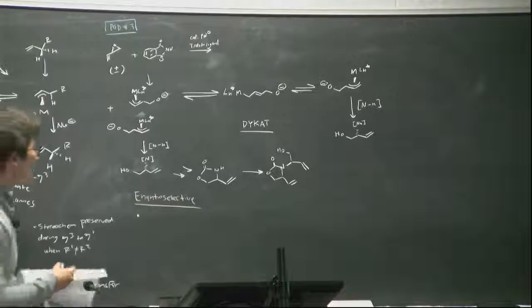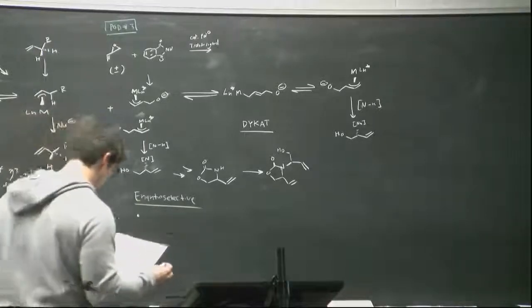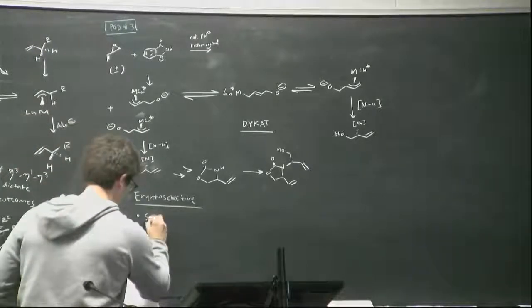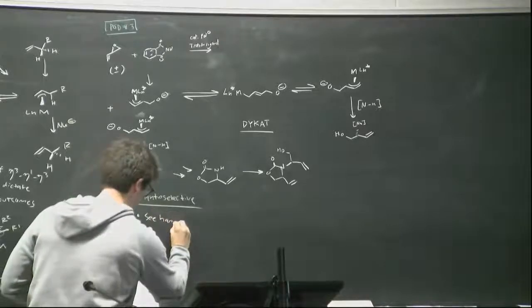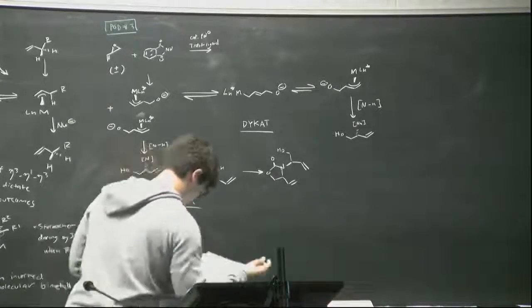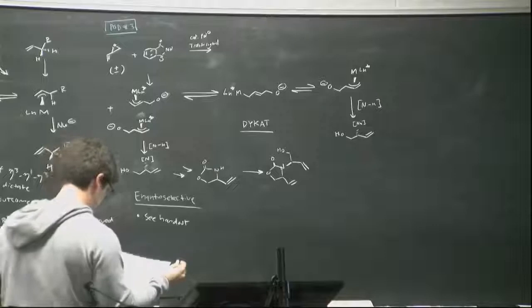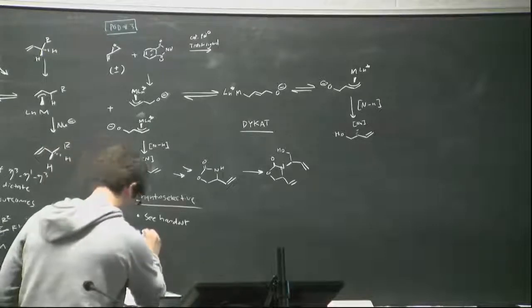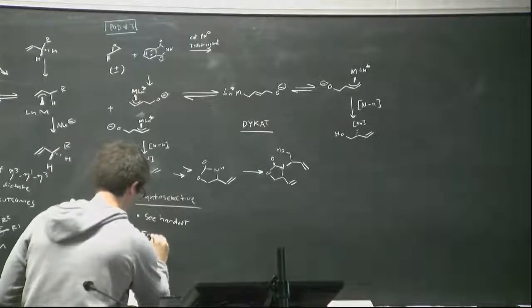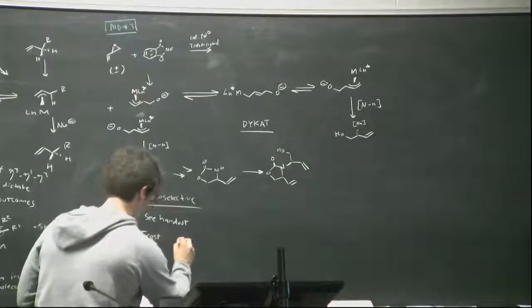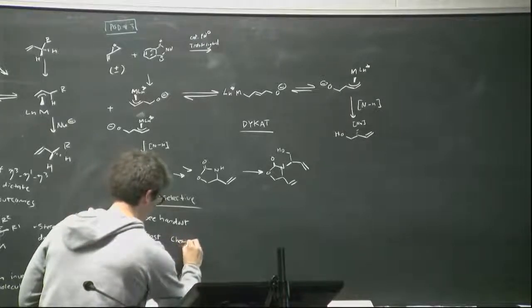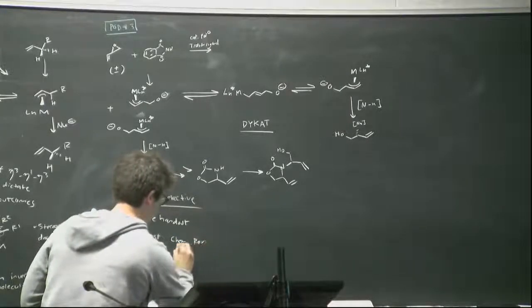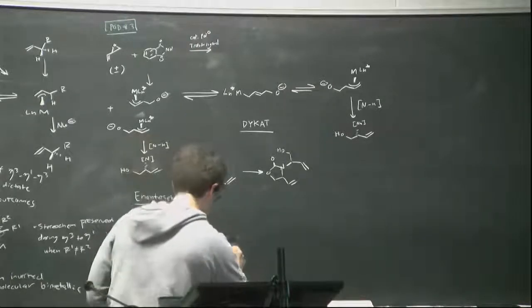You can have dynamic kinetic asymmetric transformation versions. These are summarized on the handout. So I'd encourage you to look at that. And there's also a Trost Chem Rev that, at least for the palladium systems, summarizes this quite nicely.